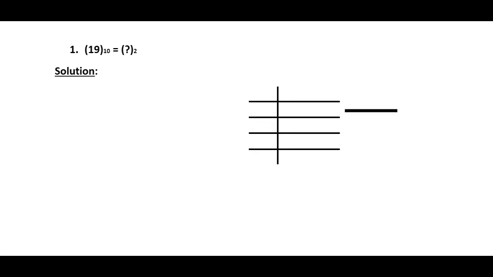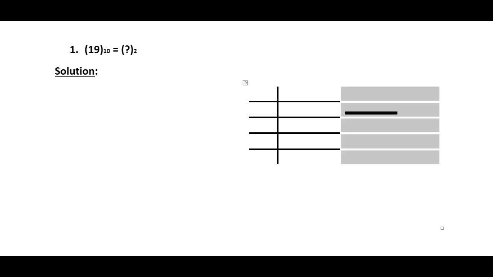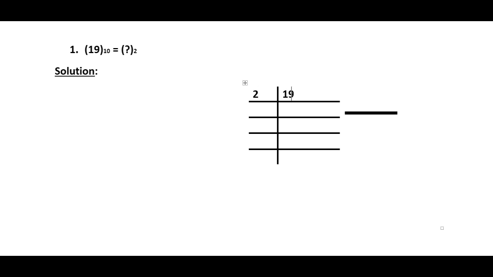So make LCM. Here is 2 and 19. 19 by 2. Okay, 2 9s are 18. So 1 remainder. 2 4s are 8. So again 1 remainder.